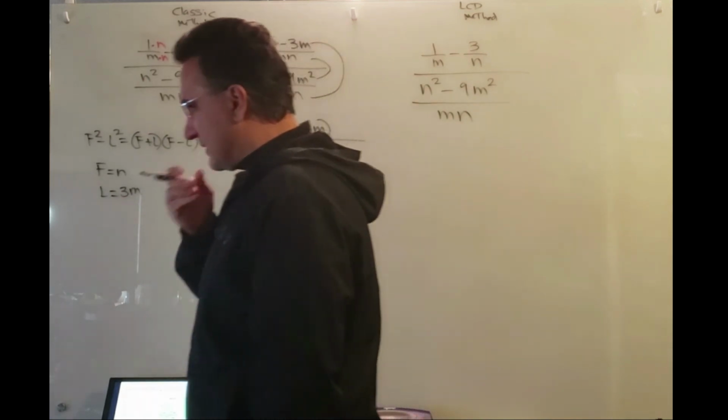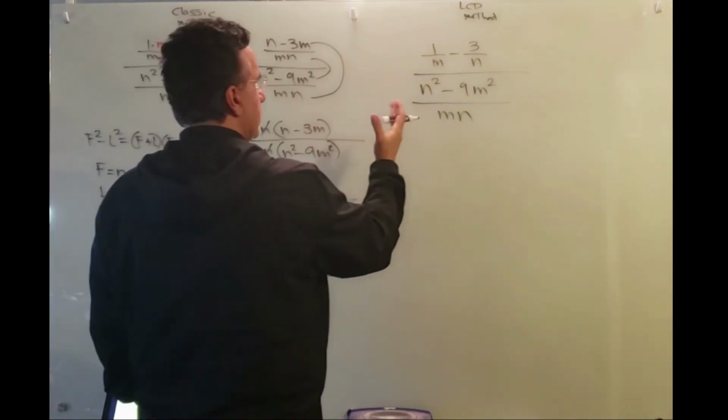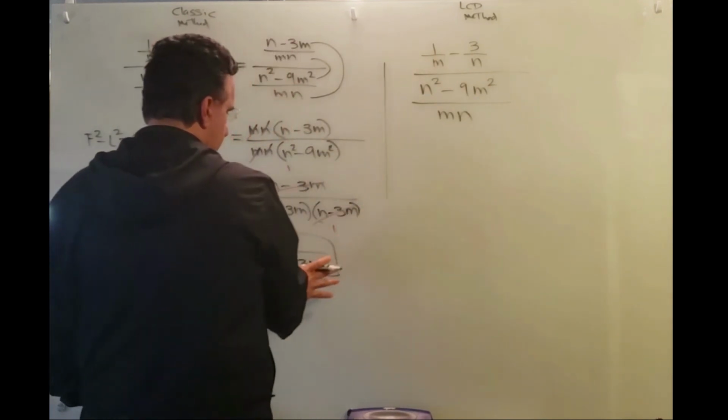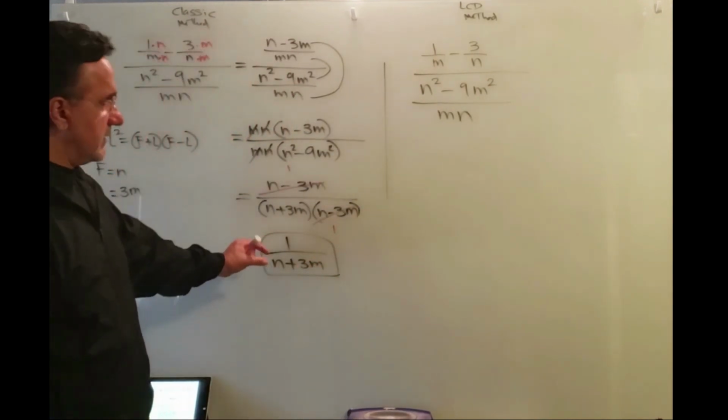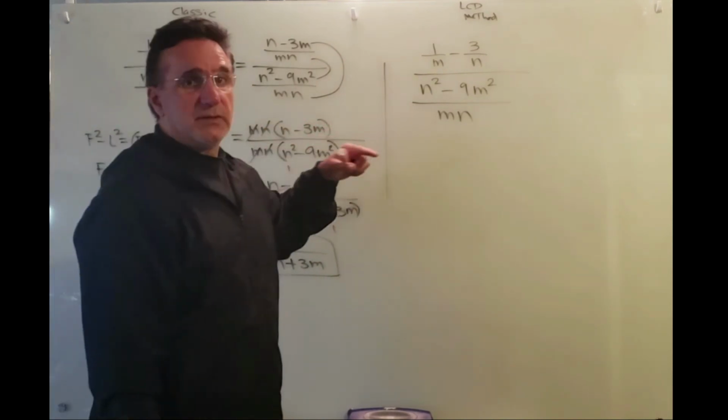Again, these are exactly the same problem, so I'm not doing a different problem, we're just doing a different method. We were already finished. This is the answer, the simplified version of this. Now we're just going to do it using the other method.